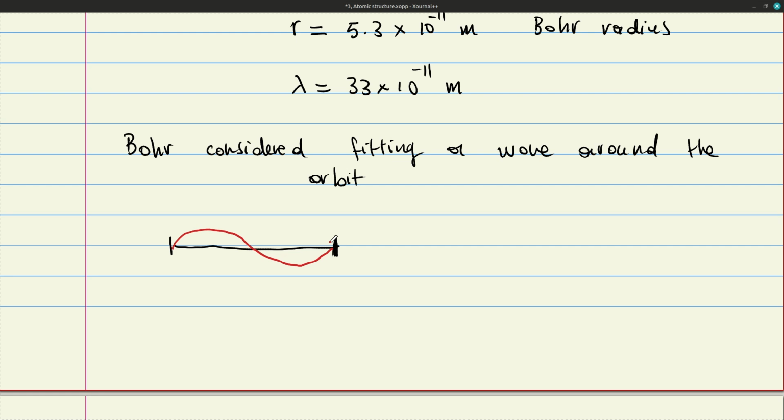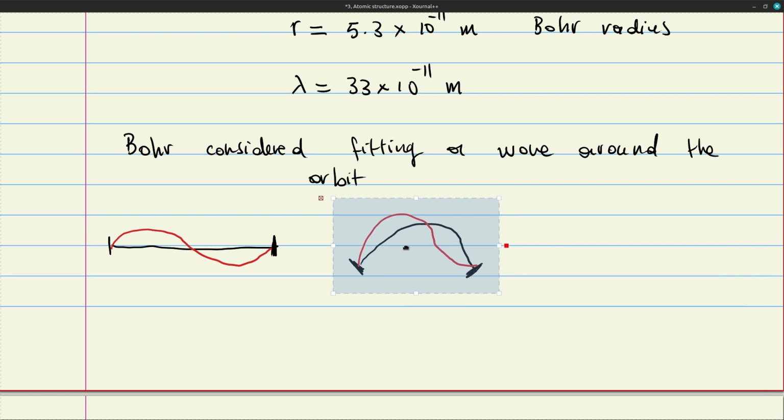But now we have an orbit. So we have to think about deforming this shape into an orbit. Maybe I can do it in two stages for you to see what I'm doing. In the first stage, I can curve it a little bit like this. And the wave is going to do the same thing, right? So let me push this a little bit.